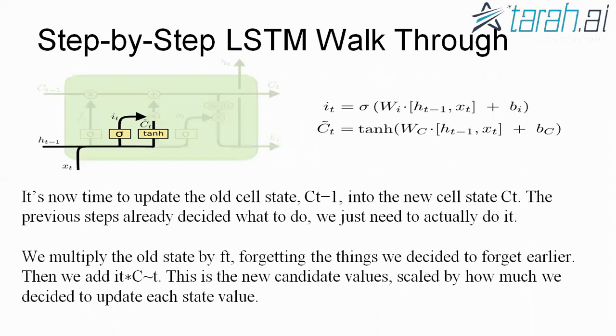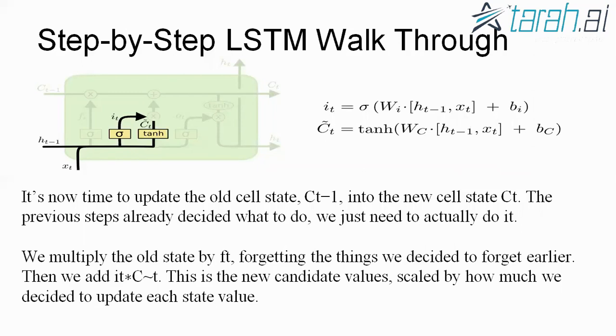So if you see what we're doing here, we're taking a copy of the original, which we had with sigma. Then we pass it to the gate, and we also take the tanh function of the previous ht minus 1 and xt and add the corresponding bias.